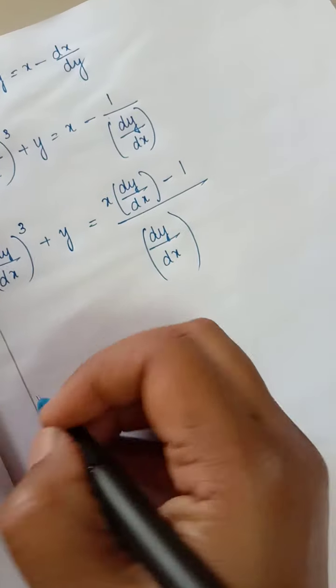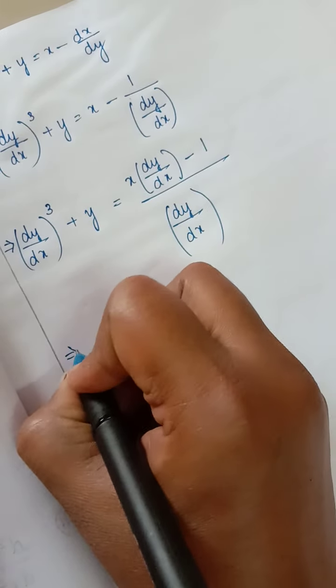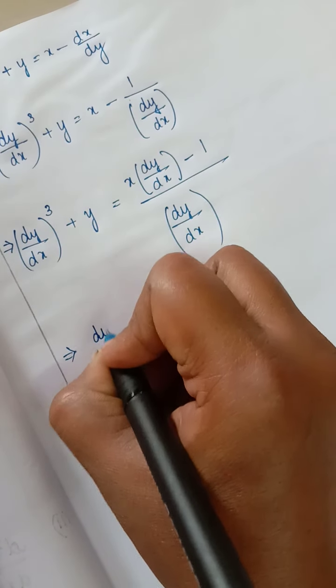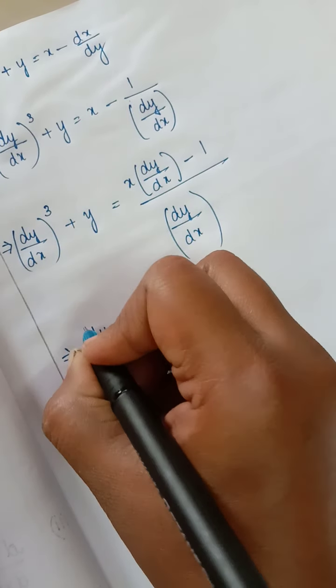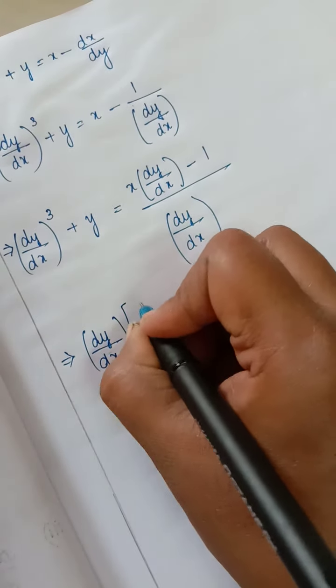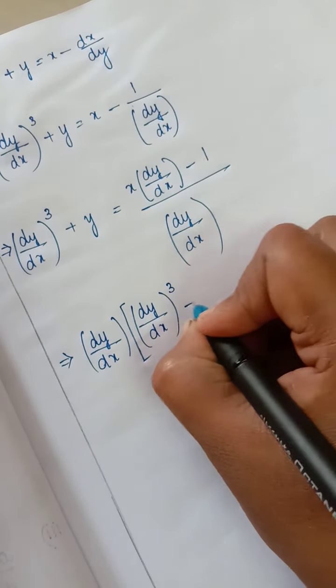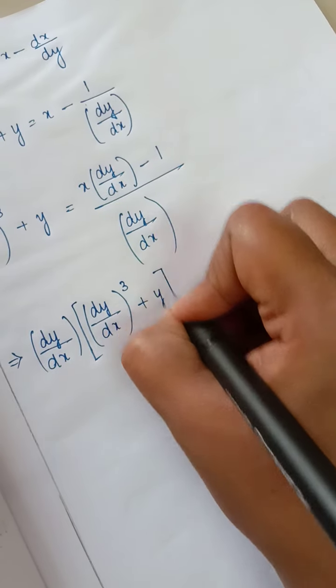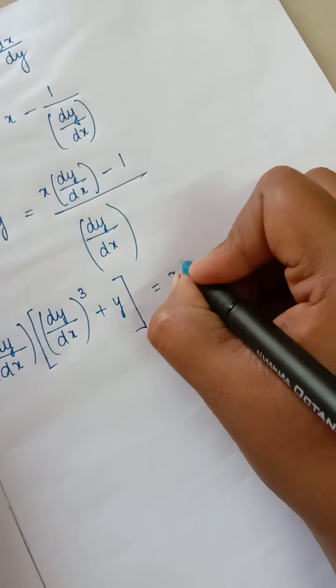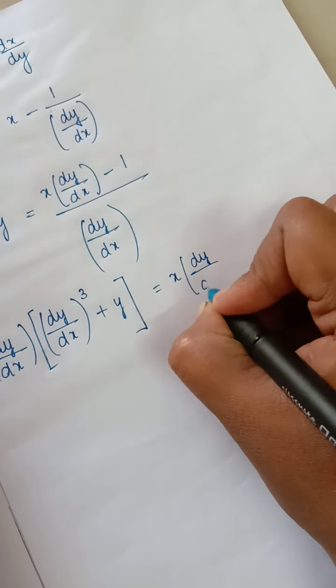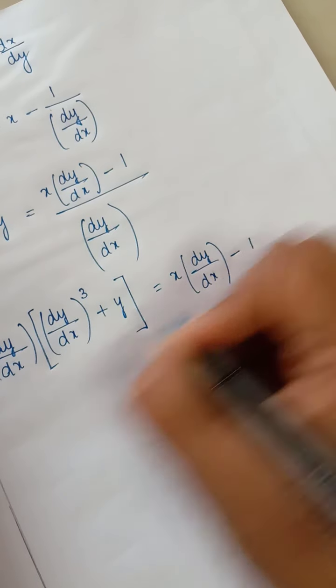Next, cross multiply this. If you cross multiply, dy/dx into ((dy/dx)^3 + y) equals x dy/dx minus 1.